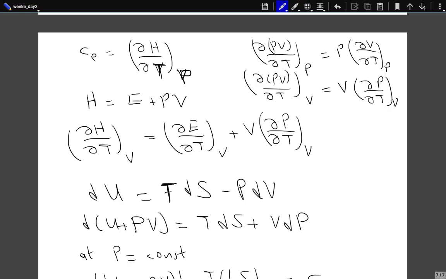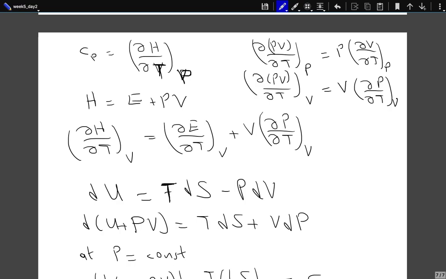You see, the change in PV from state A to state B will change as you increase the temperature. But how do you increase the temperature? You just imagine a process.